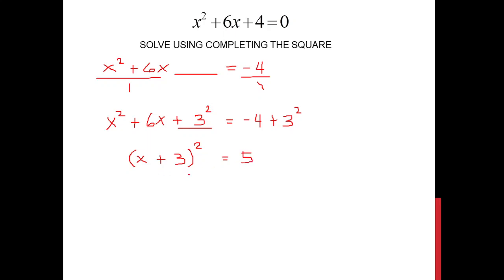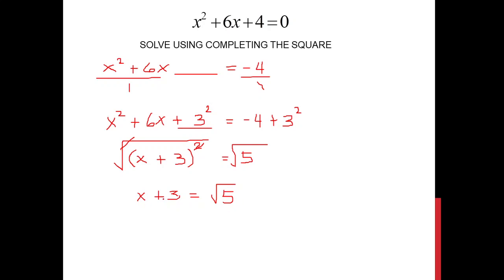And from here, we can use extracting the root, or squaring each side here. This can eliminate the exponent and the radical sign, leaving us with x plus 3 equals the square root of 5.